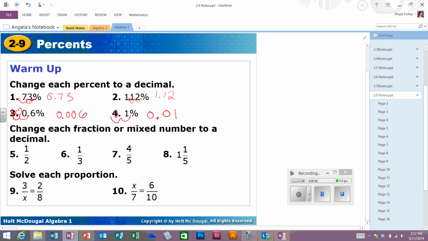Okay? The next one says to change each fraction or mixed number to a decimal. So if something is 1/2, that is 0.5, right? Because 0.5 is 5/10, so 5/10 is a half. 1/3 as a decimal is a little tricky because this is a repeating decimal.